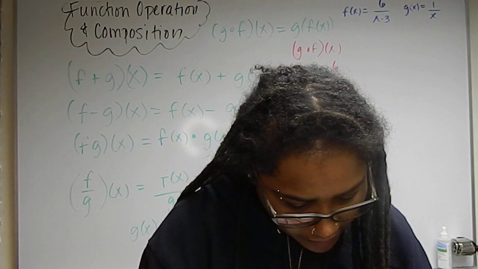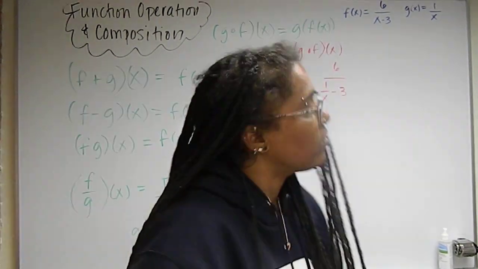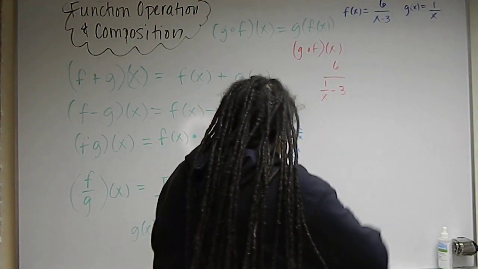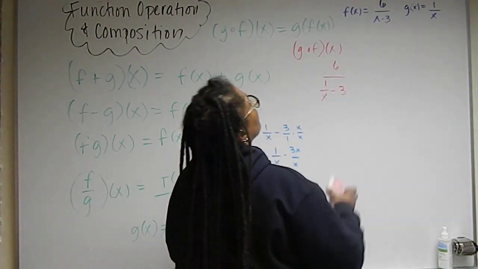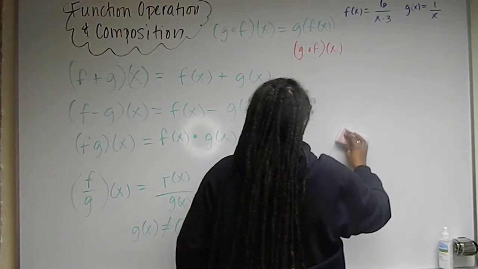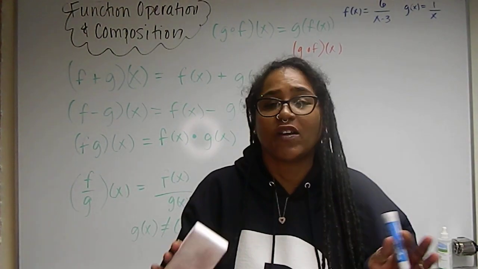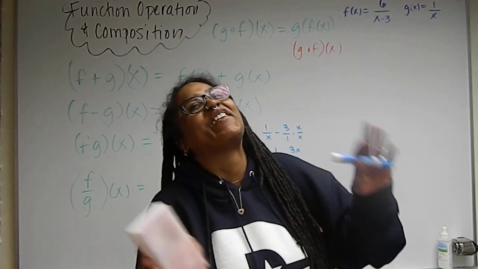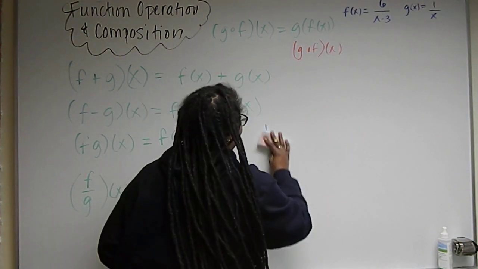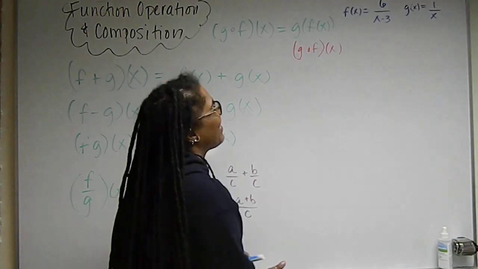G of f of x. So I'm going to put f of x into g. Oh, stupid. F of x into g. Okay, I'm sorry. I'm rushing. Please don't hate me. I was like, I know I did this. Okay.